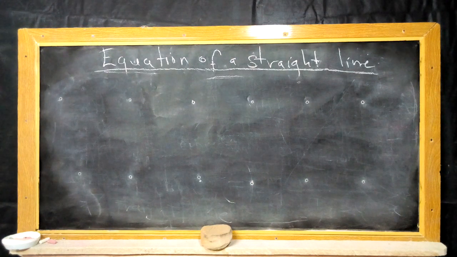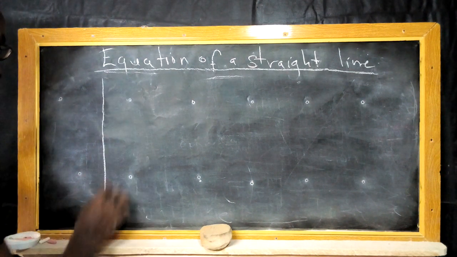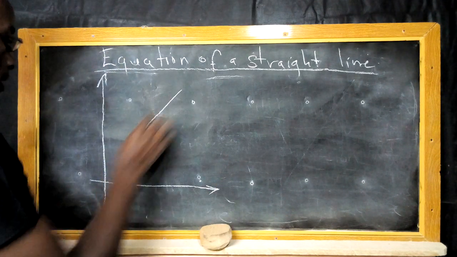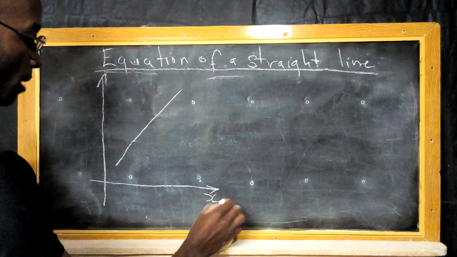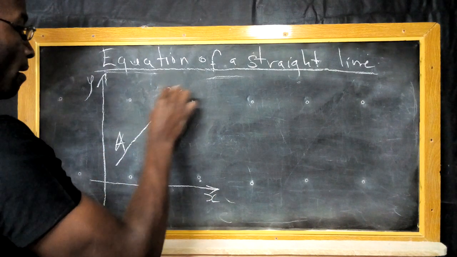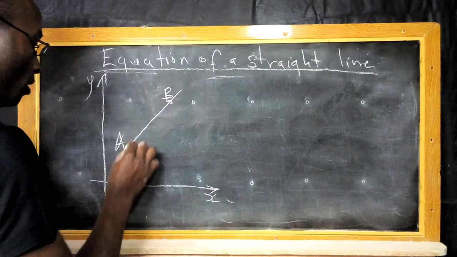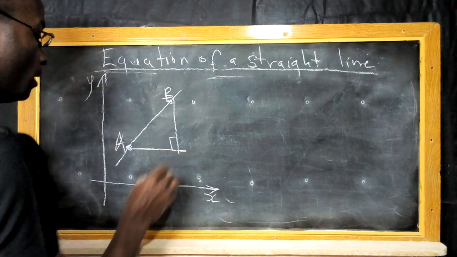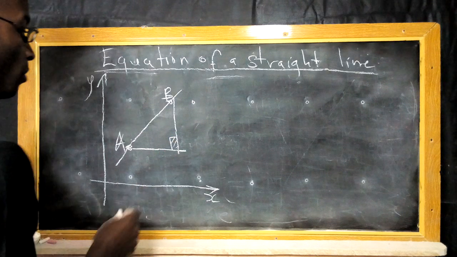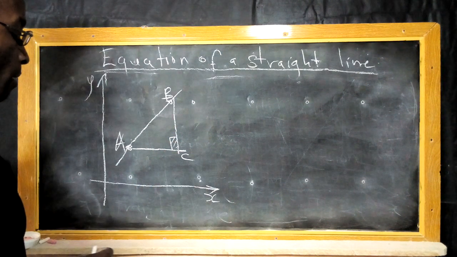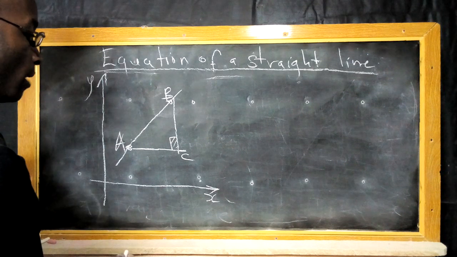So we shall go ahead and see, as we said, that we can illustrate an equation on a two-dimensional space by x and y. Maybe it's a straight line from point A to B, and we say that point A to B forms a right triangle.